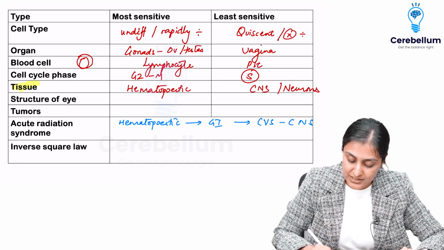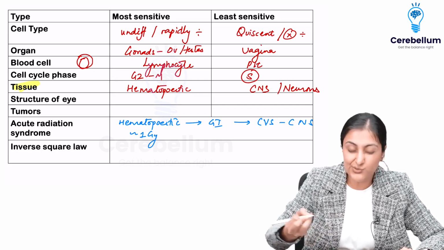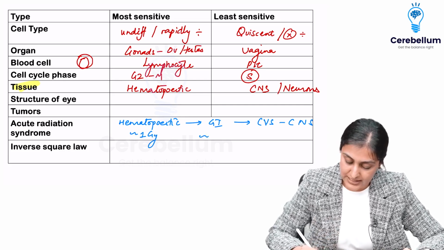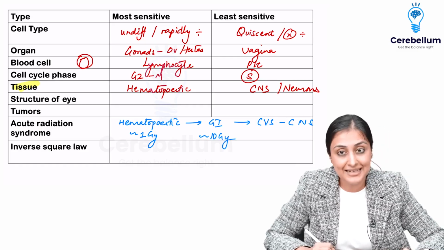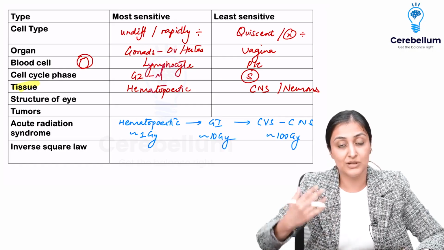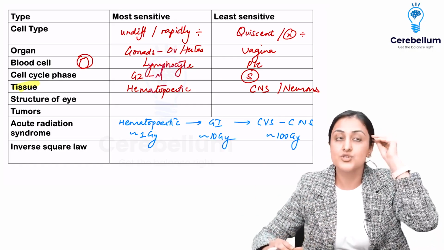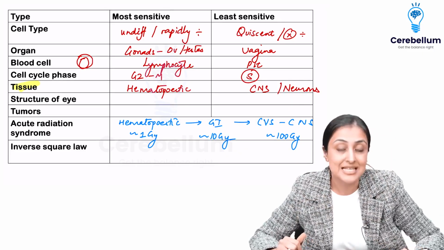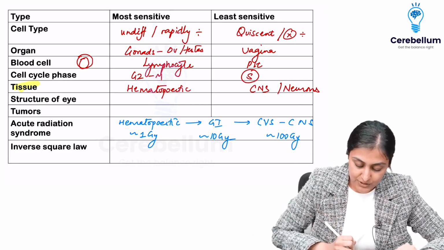The hematopoietic syndrome will occur at around 1 gray of radiation. The GI system will need around 10 grays, whereas cerebrovascular will need around 100 grays. So you keep adding a zero, and this also explains the radiosensitivity. So this is about acute radiation syndrome.